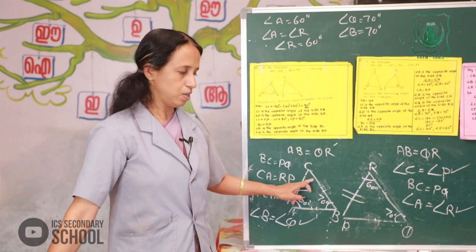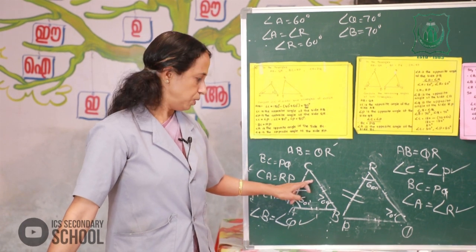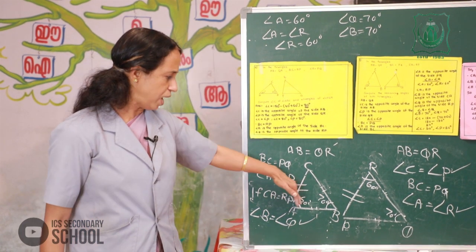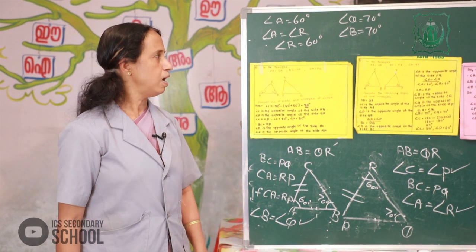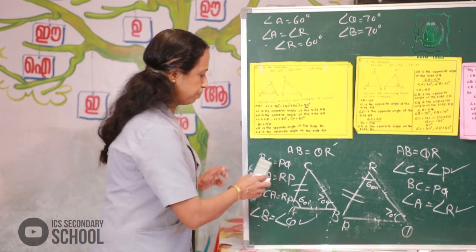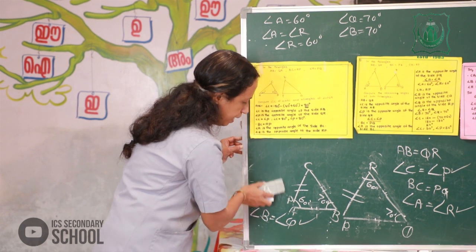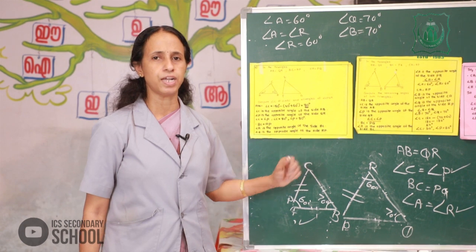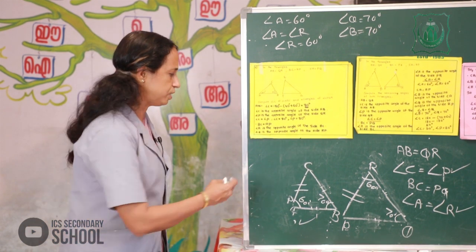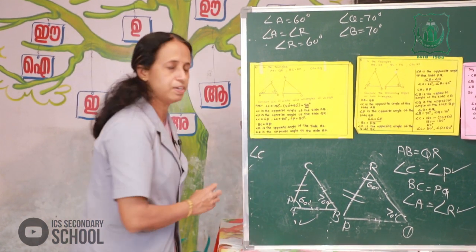Find angle C of triangle ABC. We have got two angles of triangle ABC. We know that the sum of the angles of a triangle is equal to 180.